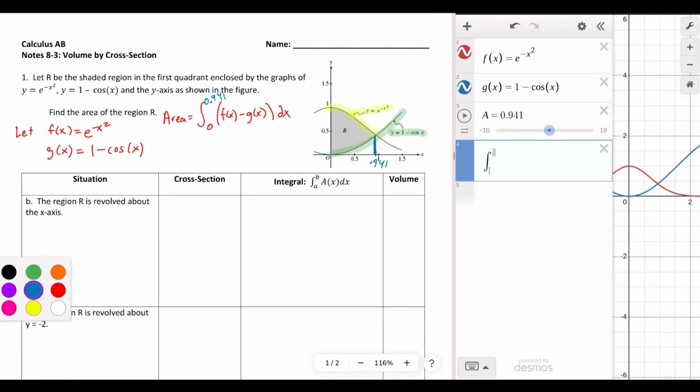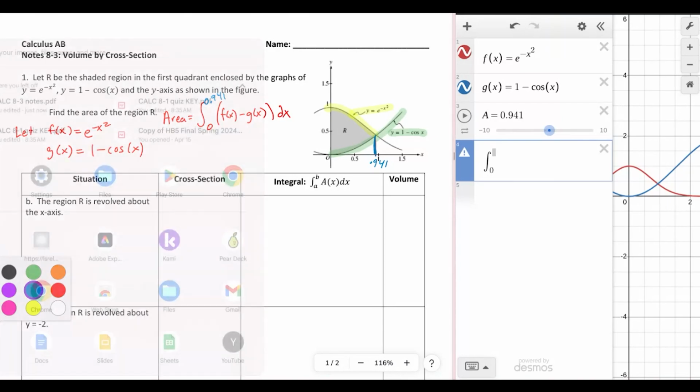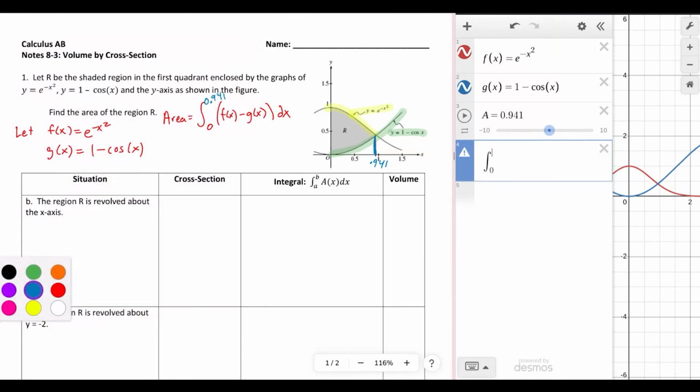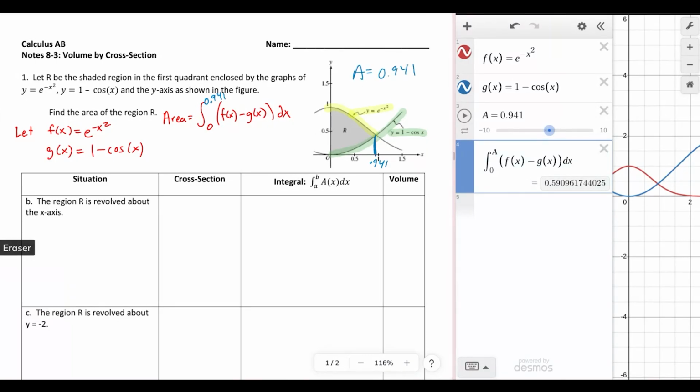And so I'm going to say the integral from 0 to A of f of x minus g of x dx is about 0.591. So I'm going to make a little note here that I'm just calling A 0.941, and that way when I set up my integral, I don't have to write that number over and over again.